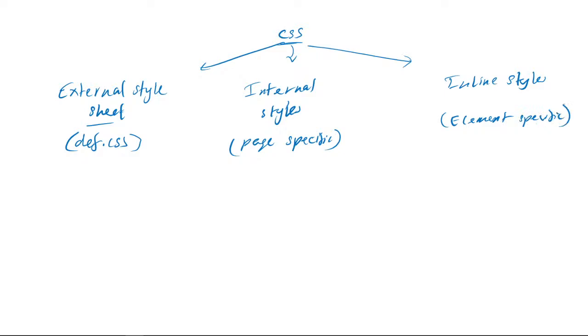So we have to know how to do it in all these three ways. External style sheet means that you write all the styles that you are going to define over the website and save them in a .css file, and you include that file into an HTML file, so you can easily deal with the styles.